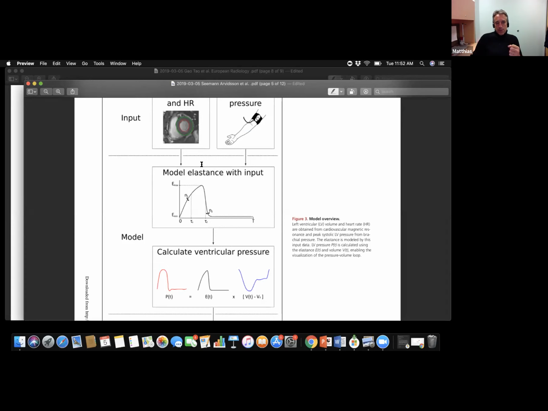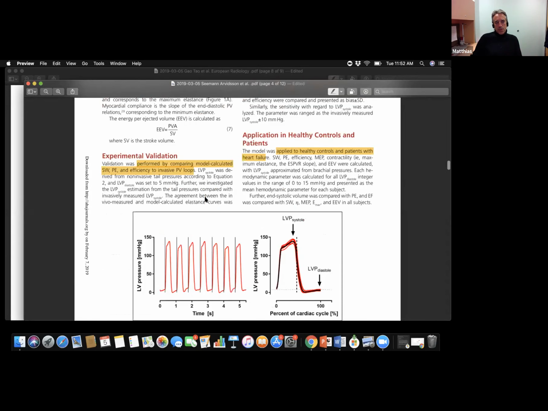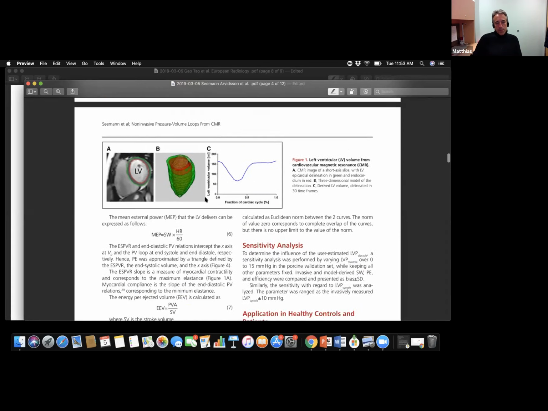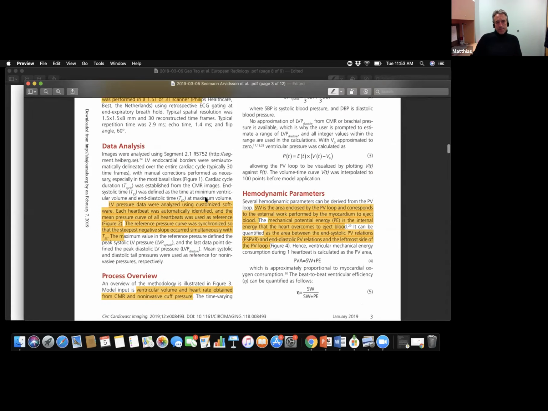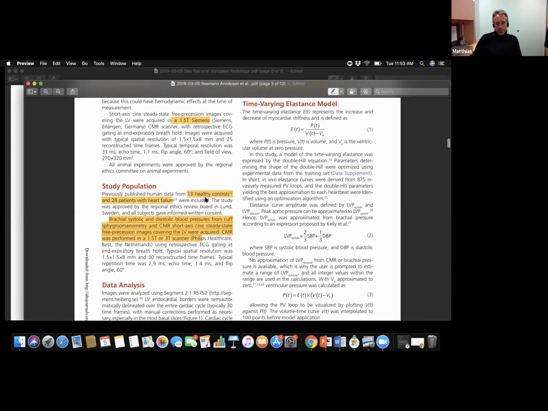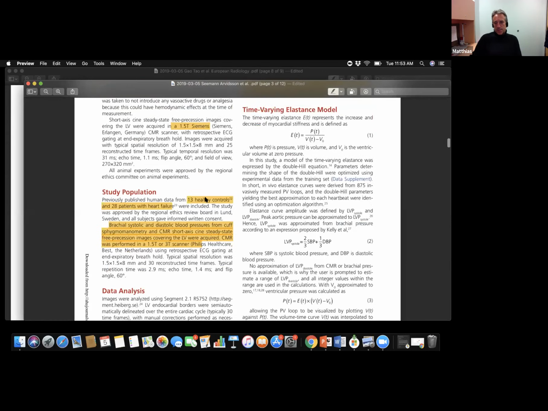So, Felicia, do you see any confounders or any sources of probable bias for this methodology? And also, what do you think of the temporal resolution we can achieve with CMR? That would be my question.